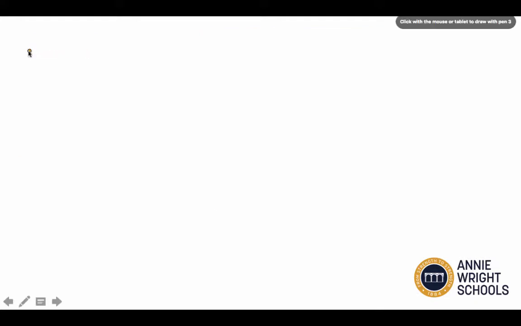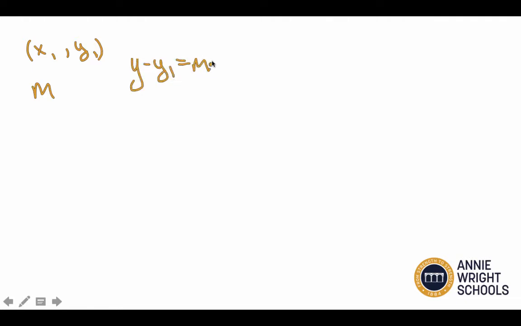Point slope says if you have a point x1, y1, and you know the slope, you can write the equation y minus y1 equals m times x minus x1. So let's take the example we just had. We knew m was 5 halves, and we knew a point on that line was 3 comma 2.